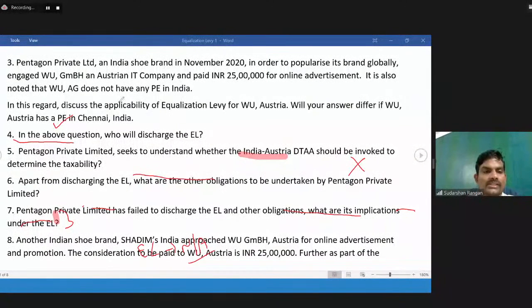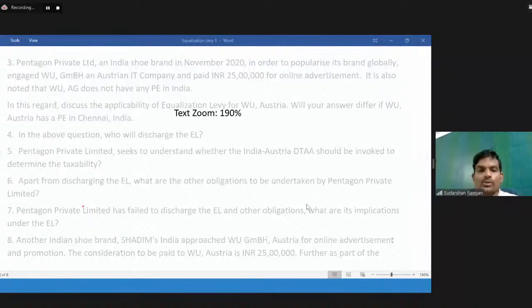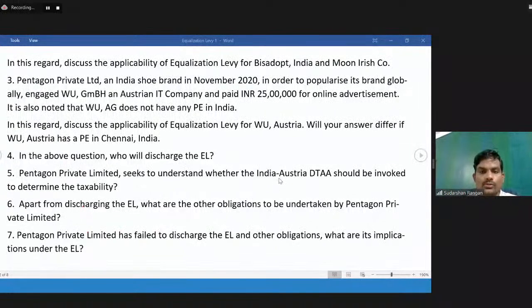Through these questions, I am trying to make you understand the provisions. As I mentioned, equalization levy is a straightforward provision. If you have any questions so far, please let me know.